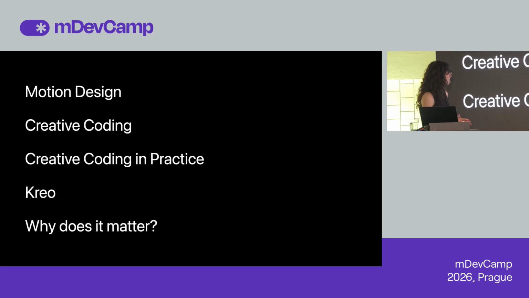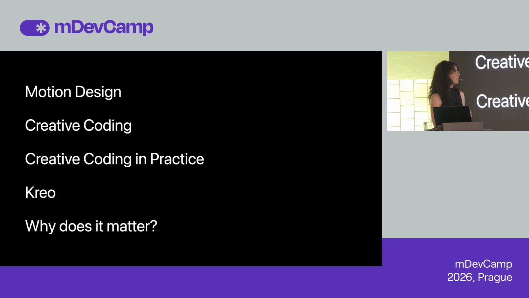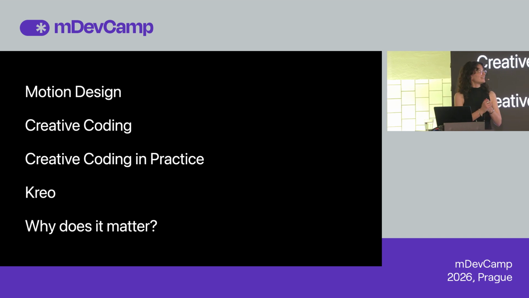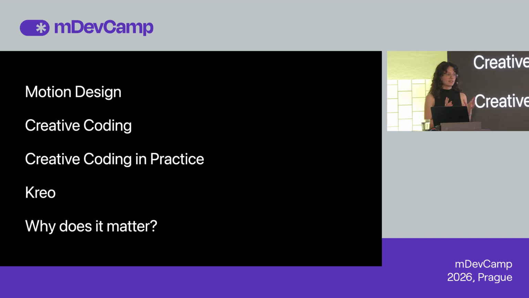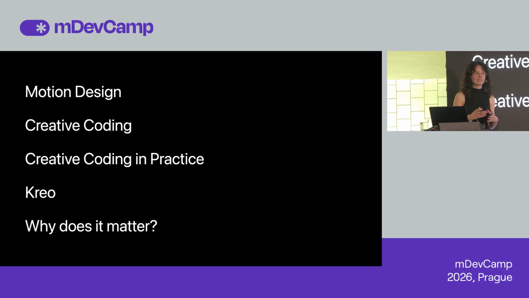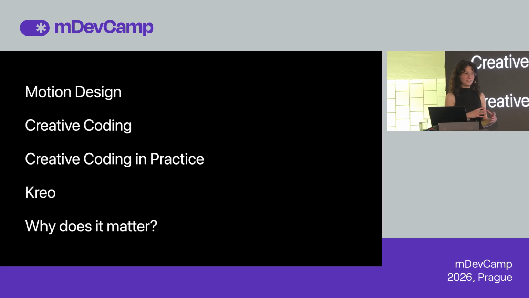So we are going to cover a couple of topics together, starting with the motion design. This is where all the story began. Then we will have an overview about creative coding. What's creative coding? The tools, the communities around that, so we will be on the same page.